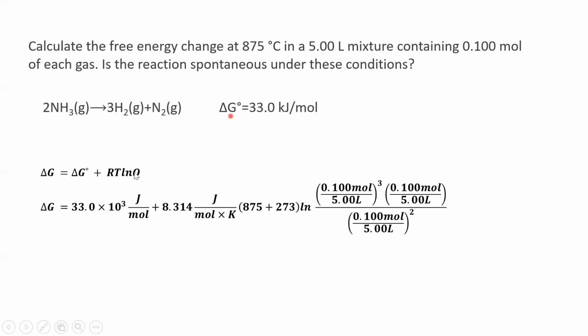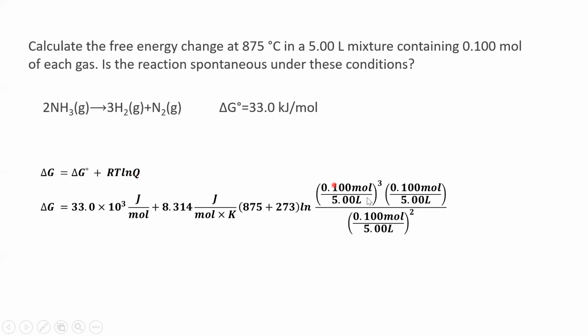We're going to add to that R, which is 8.314 joules per mole Kelvin, a constant, times our temperature, which has to be in Kelvin. So we're going to add 273 to 875. And then we're going to take the ln of Q.